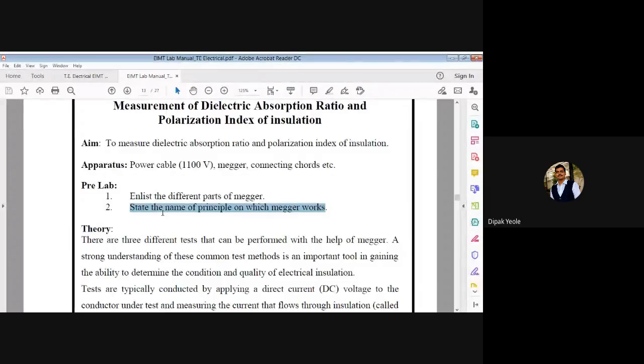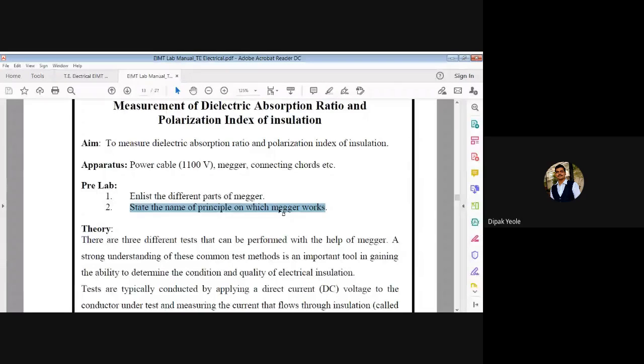We have to find out the name of the principle on which the Megger works. Obviously, it is a hand-driven generator, and the principle of a generator is Faraday's law of electromagnetic induction. The same principle applies to this Megger also.